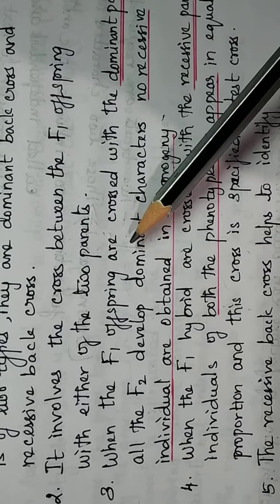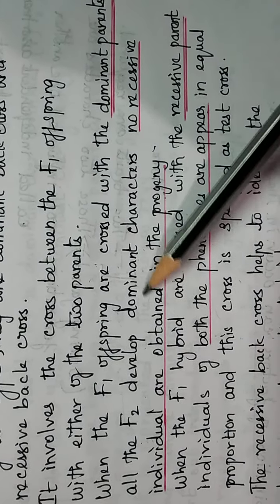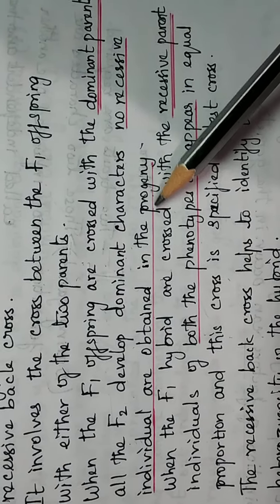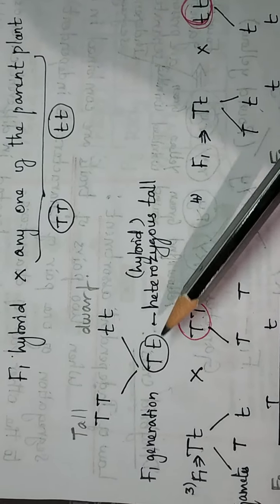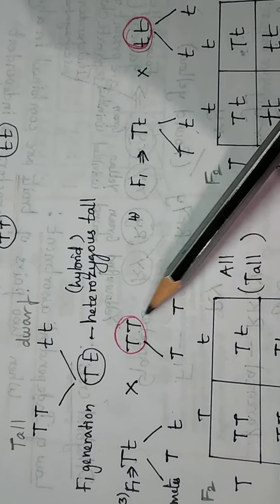When the F1 offspring are crossed with the dominant parent, all the F2 develop dominant characters. No recessive individuals are obtained in the progeny. So when the F1 offspring, that is heterozygous tall, are crossed with the dominant parent, what characters do all the F2 generation develop?